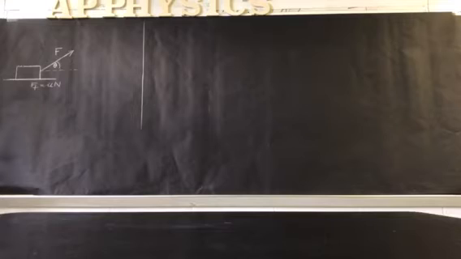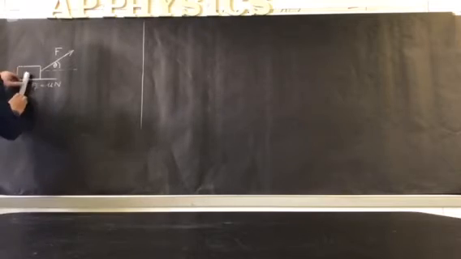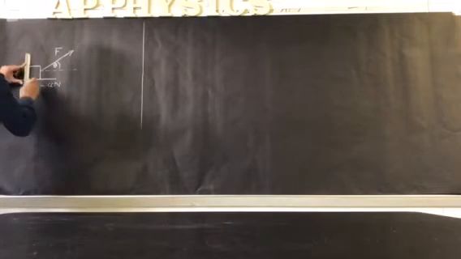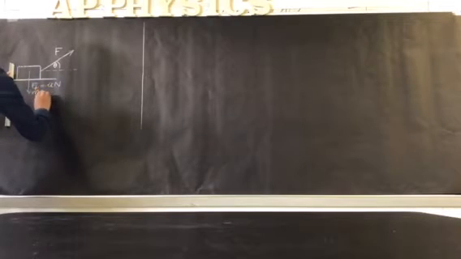Common sense. Now I'm going to draw a free body diagram for this one. I'll draw the forces in the y direction first. First is mg, the weight, which is the force due to gravity.